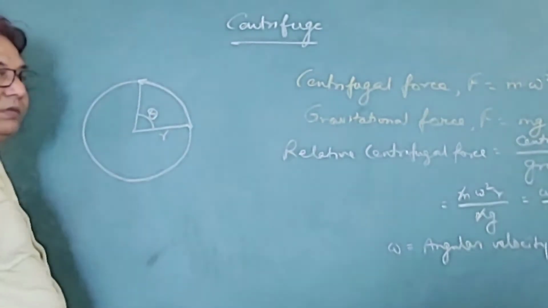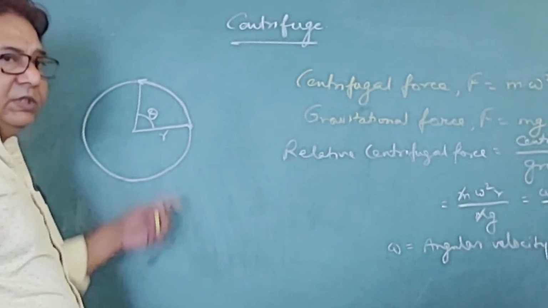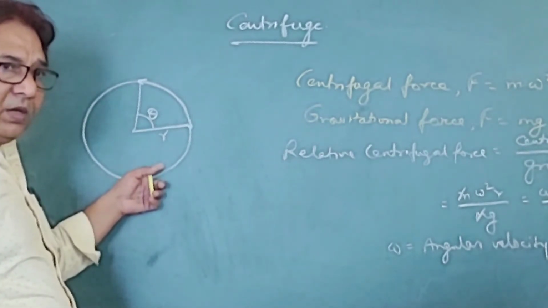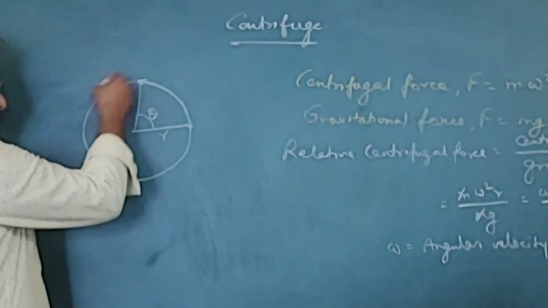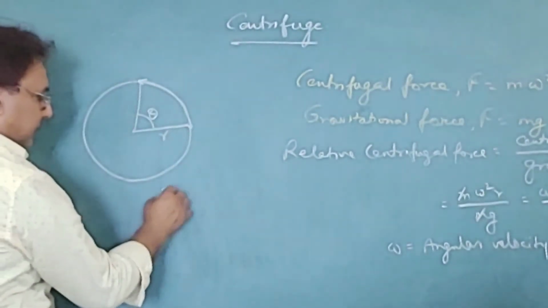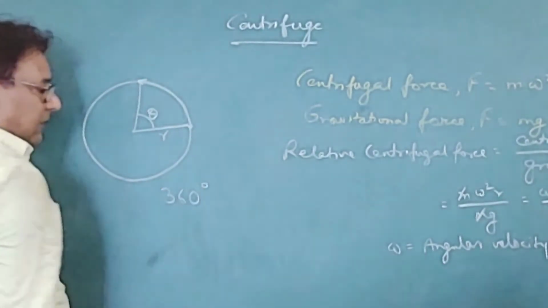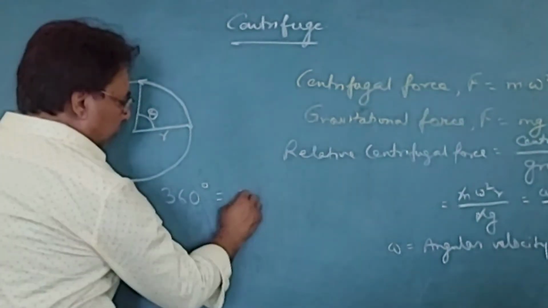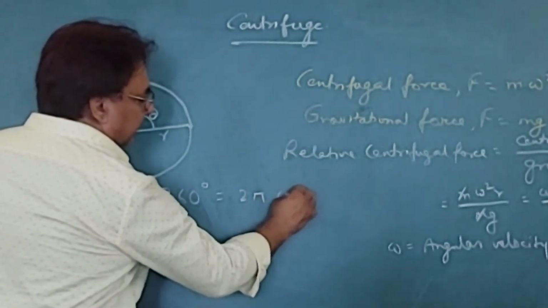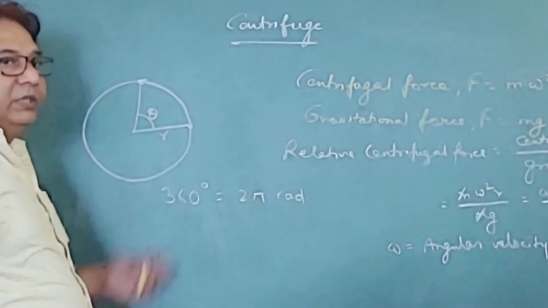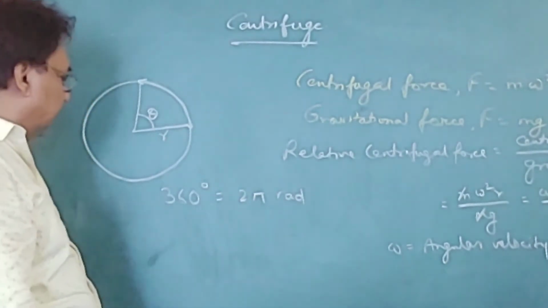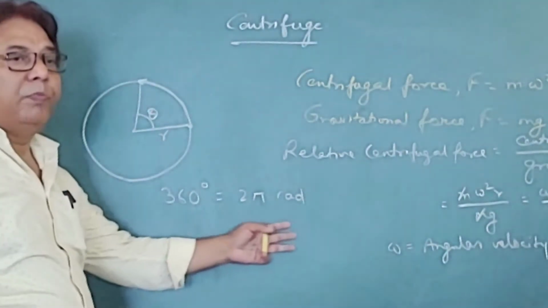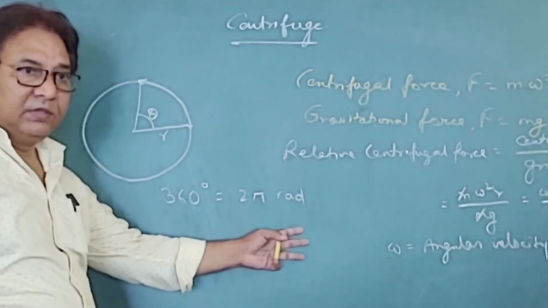the angular distance. This is represented as theta, and it has been determined that if the body rotates a complete circle, that is 360 degrees, that is represented as 2 pi radian. The angular distance is measured in radian. So 360 is equal to 2 pi radian.